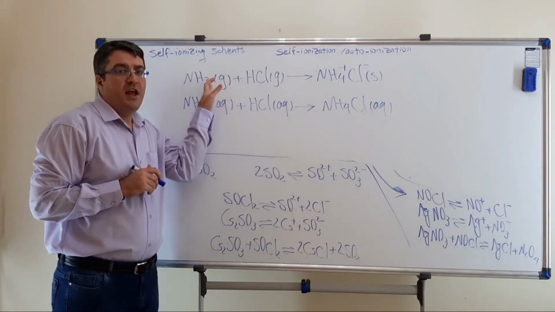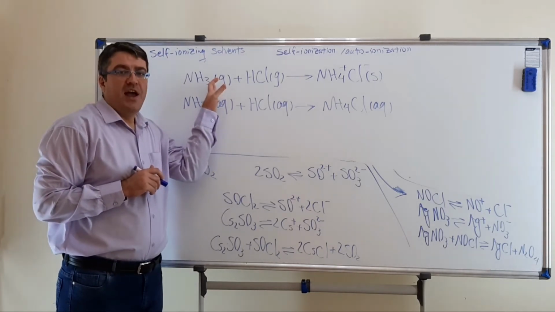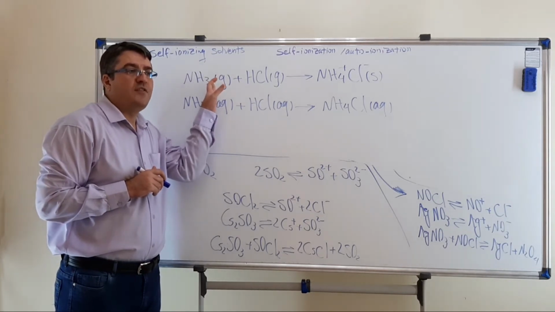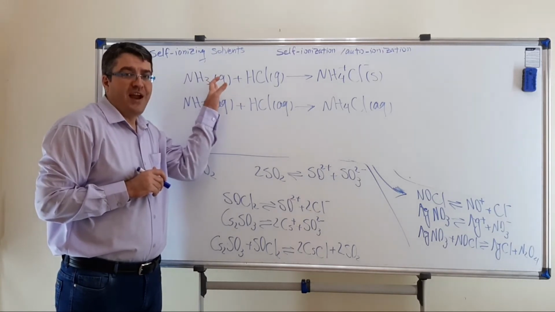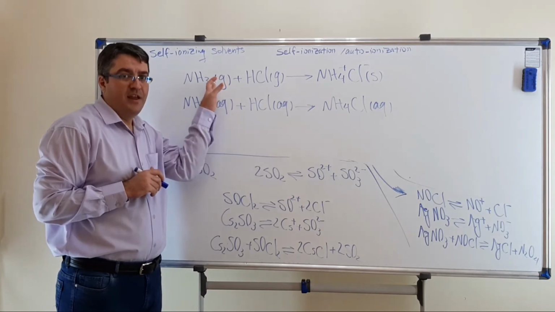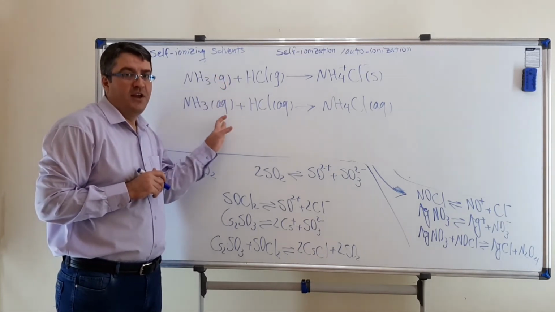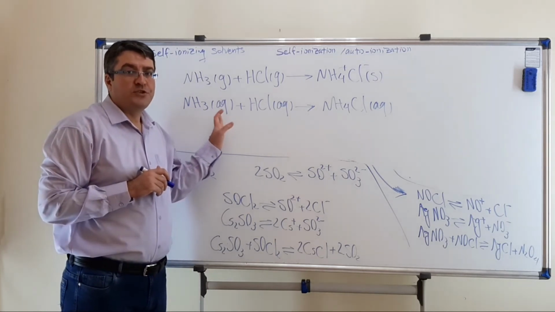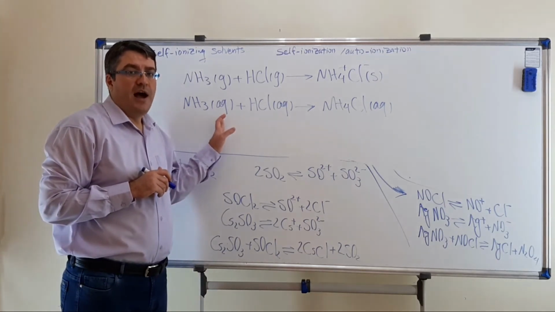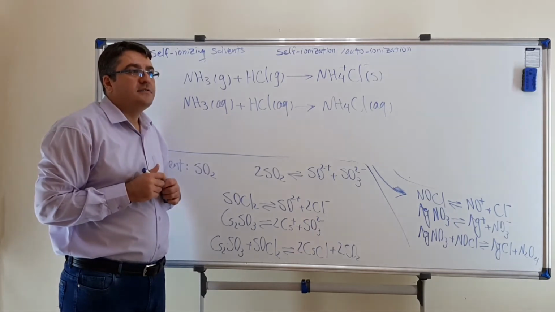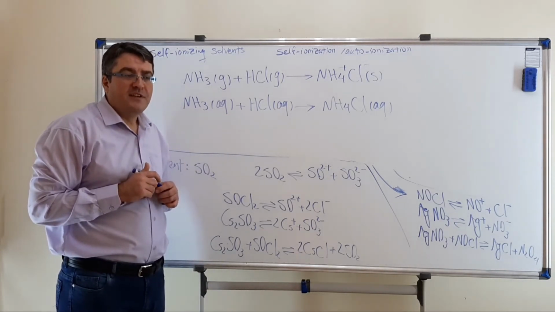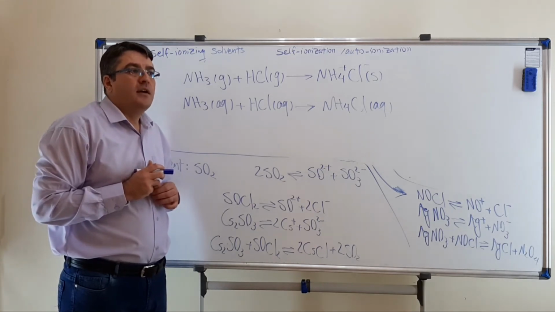Why shouldn't we consider this as an acid-base reaction? Why should our theory exclude this reaction as an acid-base reaction? They are very similar. So, limiting acids and bases to solvent is not a good idea, and this is a limitation for solvent system acid-base theory.